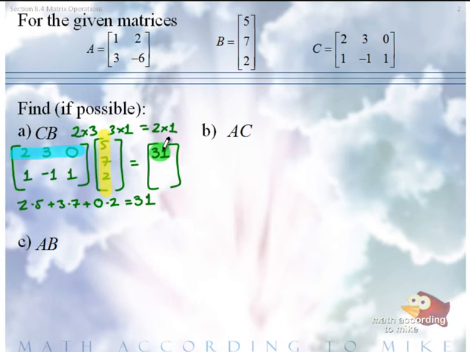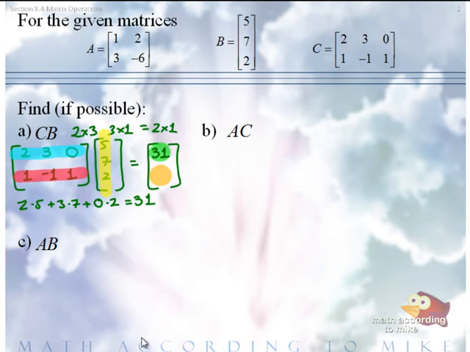Now what entry do we have to find next? So this one right here? What row is that in? What column is that in? So it's the 2, 1 entry, so you're going to multiply now the second row, I don't like the red, by the first column, because red and yellow make orange. So let's multiply the second row by the first column.